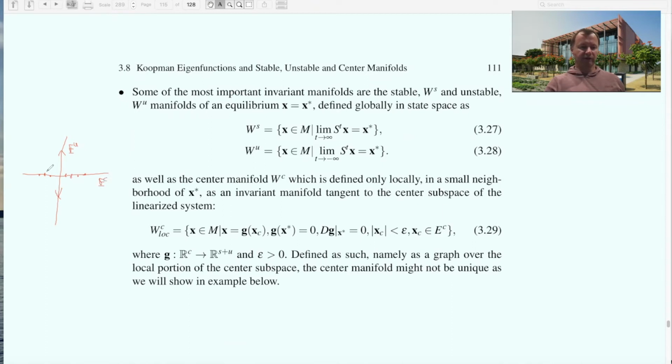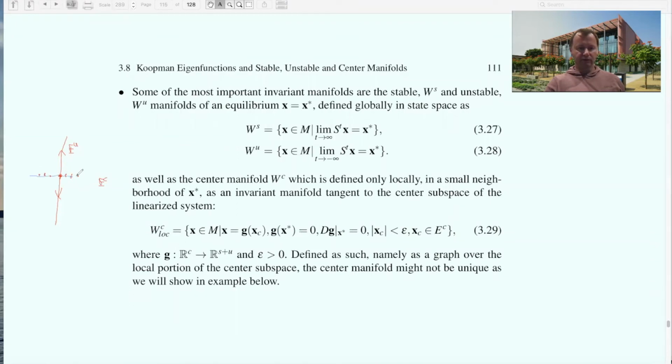And then the center manifold theorem tells us that the center manifold exists locally around this equilibrium here at 0. And it's obtained as a graph over the center subspace. So that graph, that function that we define here as G, let me draw this a little bit better.